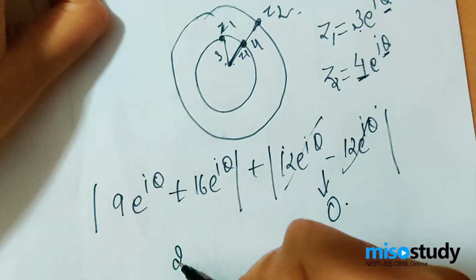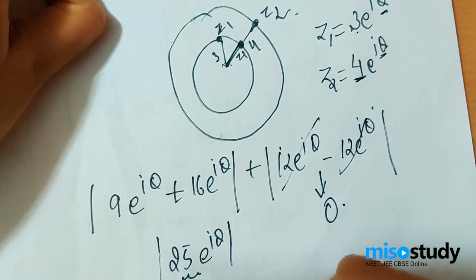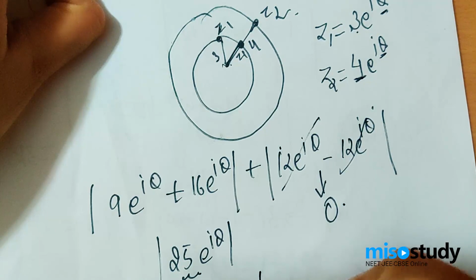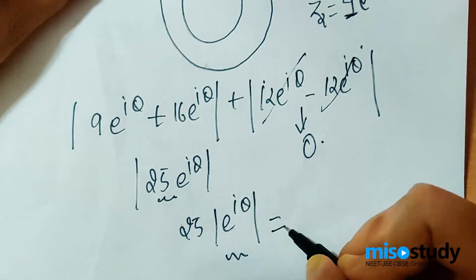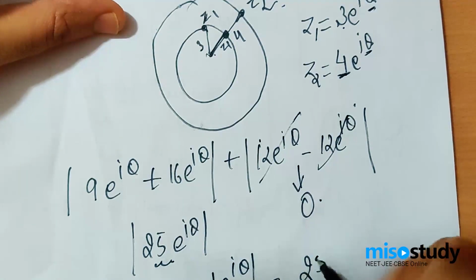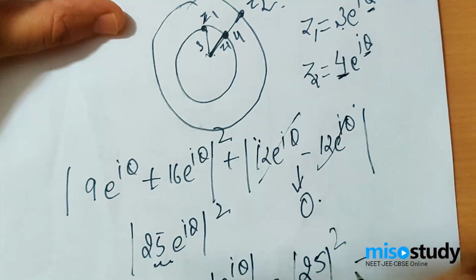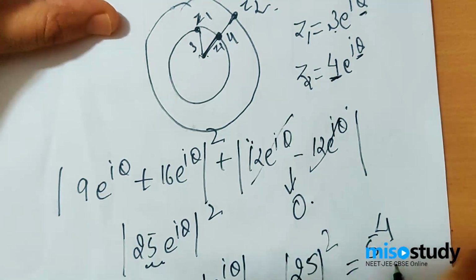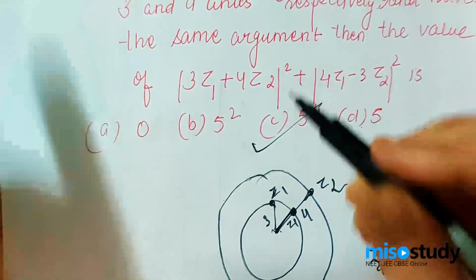If you evaluate, this is 25 e raised to power iota theta mod. 25 being a numerical term comes out, 25 mod of e power iota theta. As I told you earlier also, mod of e power iota theta is nothing but 1. So the answer to this one is 25, and since the expression is squared as well in the question, 25 squared, that is 5 power 4, is the answer to this particular question.